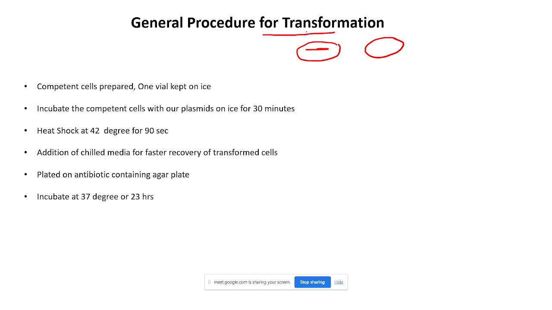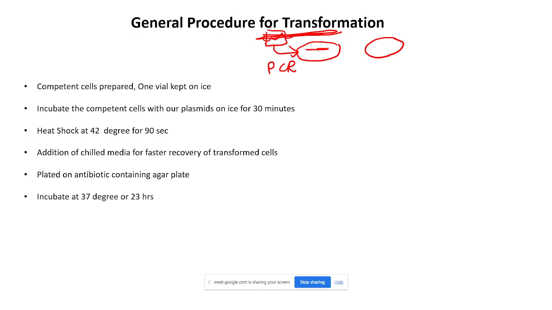I have the whole genomic DNA, and from this I want to clone this particular fragment. So I will amplify this fragment with the help of PCR. Now that I have amplified, I have my insert and I have my vector. Now I have to put this fragment of insert in this vector.